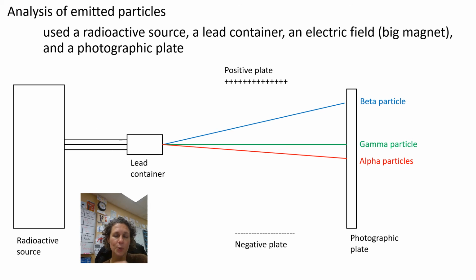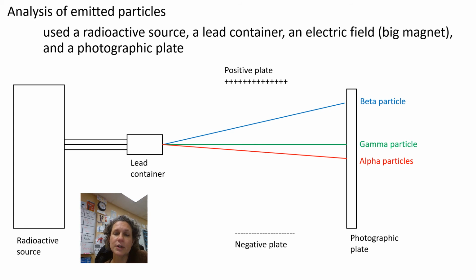Okay, so we have 3 main particles that I want to look at, and they are the alpha, beta, and gamma particles. They are typical radioactive particles that we are exposed to on a fairly regular basis, that the sun emits, that rock sources emit. And so this is just how they group them.